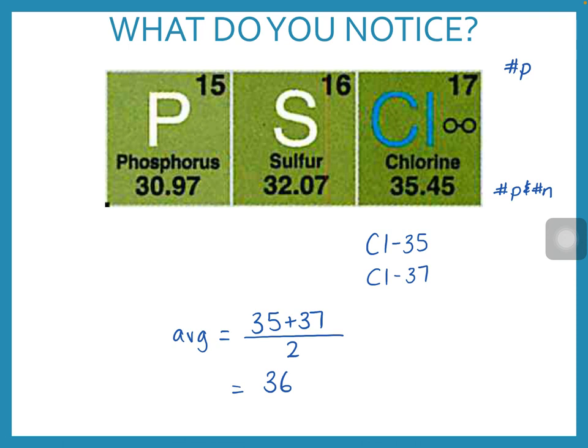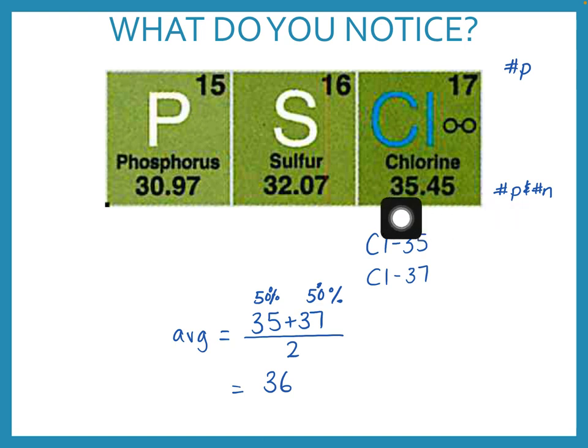So if I had equal amounts, then I can add them together, divide by 2, and what that does is it gives an equal weighting to each of those. So if I have 2 things I'm splitting by, each of these has a weight of 50%. So half of my sample would be 35 and half would be 37. And in that case, my average atomic mass there would be 36 atomic mass units.